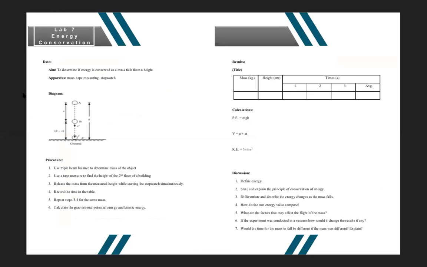All right, so you should try and get these labs. This is lab 7. Wait. We did today we do it? No, not today. When you drop the ball or you drop the mass from the 2nd floor. Oh, yes, sir.